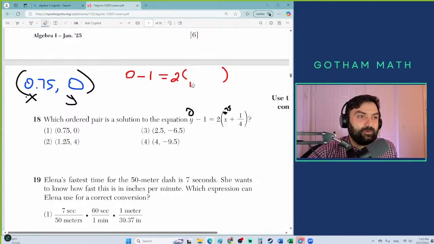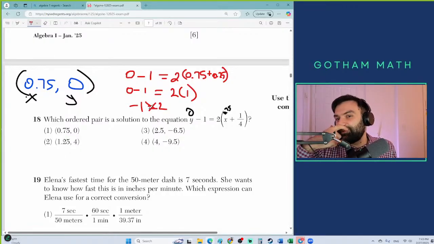Let's convert into a decimal, because all the other choices are decimals. So it's going to be plus 0.25, which is 1. So 0 minus 1 equals 2 times 1, so negative 1 equals 2. Is that true? No, it's not true.